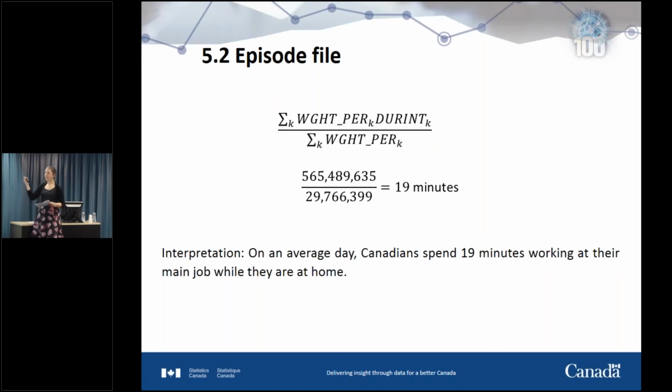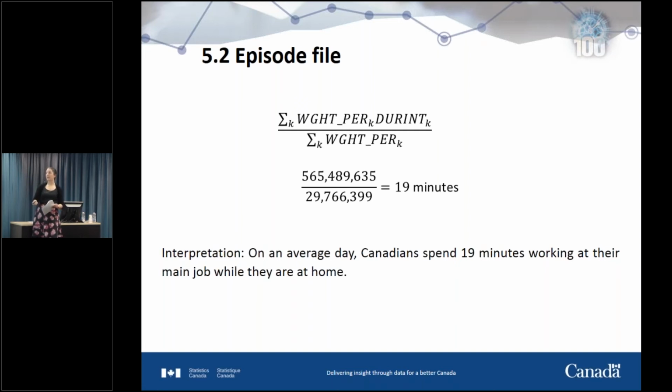Keeping the last line, we keep only one episode weight, so it corresponds to the person weight. Now our equation is the person weight multiplied by the total duration divided by the sum of the person weight. We get 19 minutes.